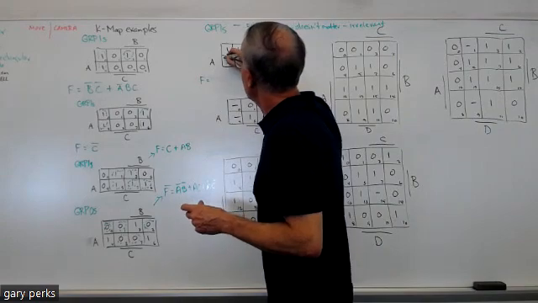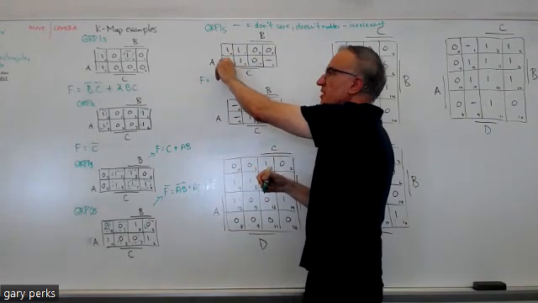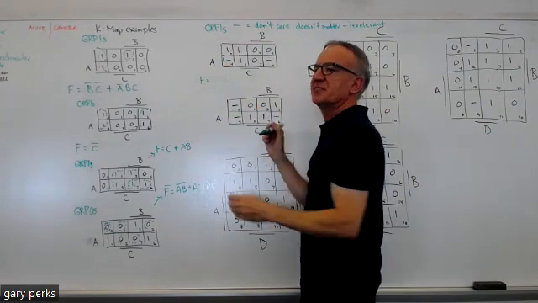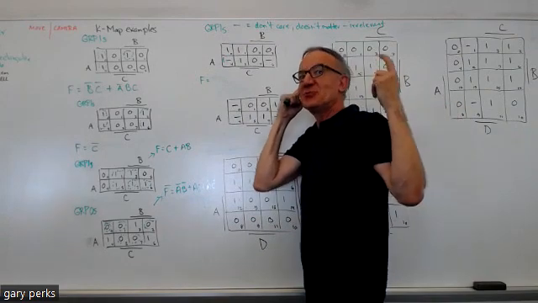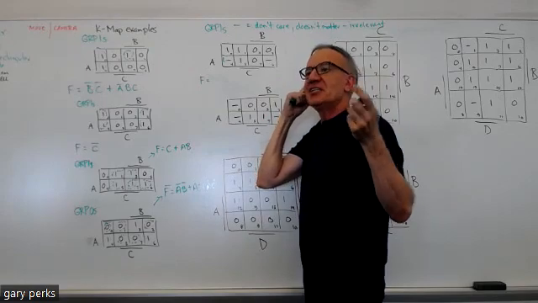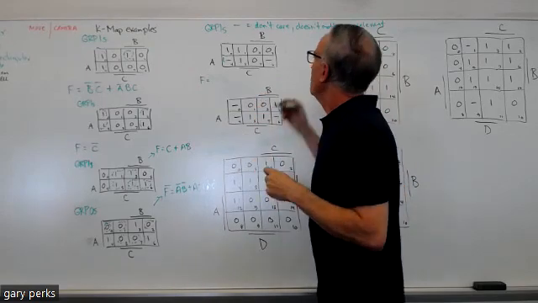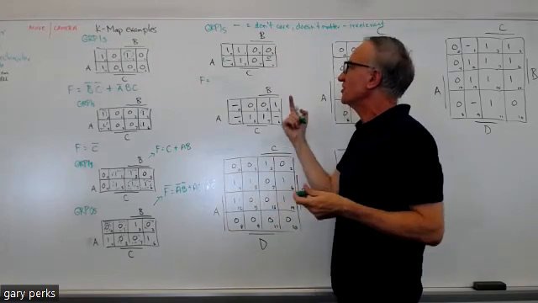I'd want to make this one a 1, right? Because if I make that a 1, I can now do a single 4 grouping. Where if that was a 0, I'd have to do two groupings. And a single 4 grouping is going to give me just one term of one variable. 2 groupings of 2 is going to give me 2 terms of 2 variables, right? So again, you want the most reduced. And I make this a 0, because if I made that a 1, I'd have another term.